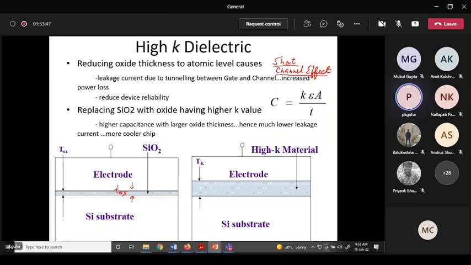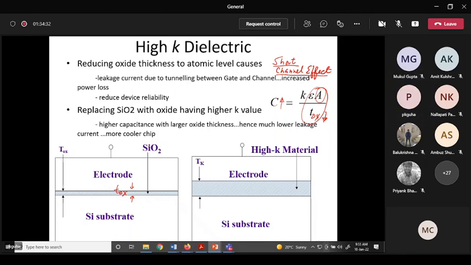If you look at this formula, we all know C is equal to epsilon A by Tox, right? Gate capacitance. Now the capacitance of the gate oxide will improve if you reduce Tox. I'm not talking about A for the time being. So if we reduce Tox, then only this capacitance will improve, right?